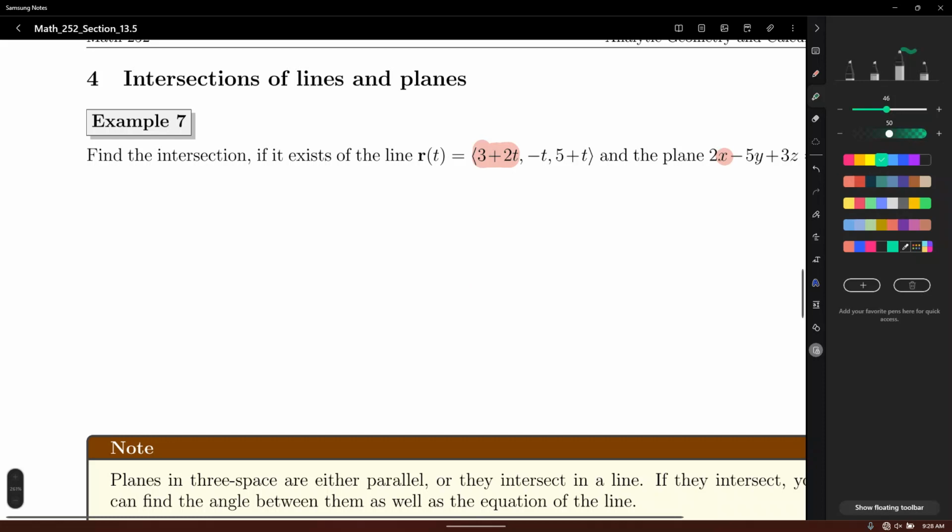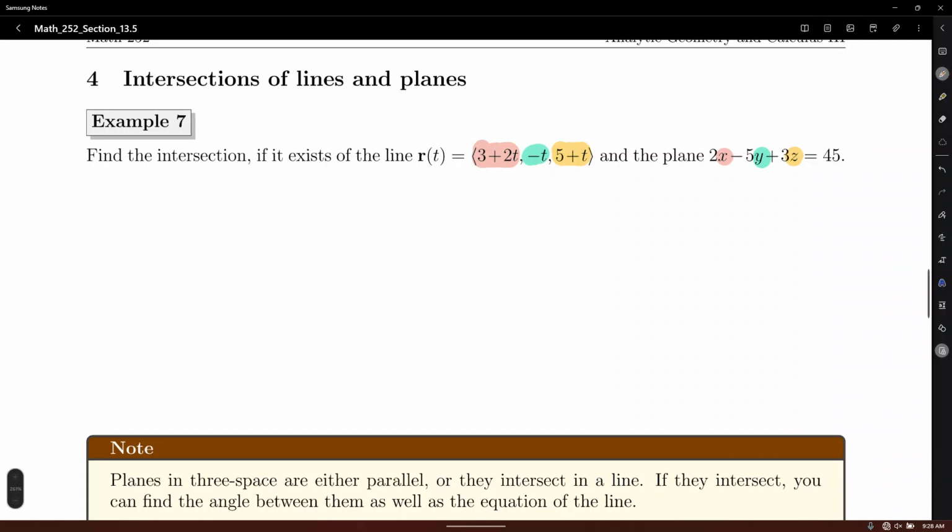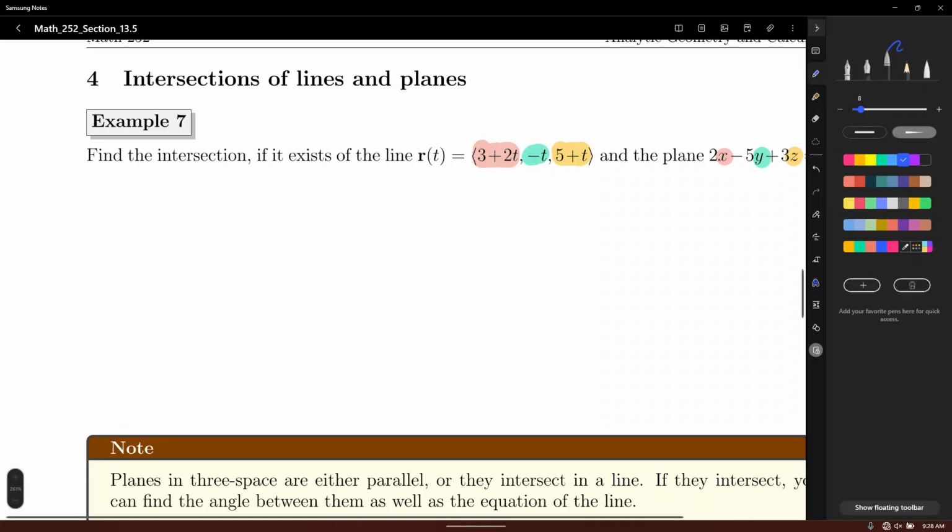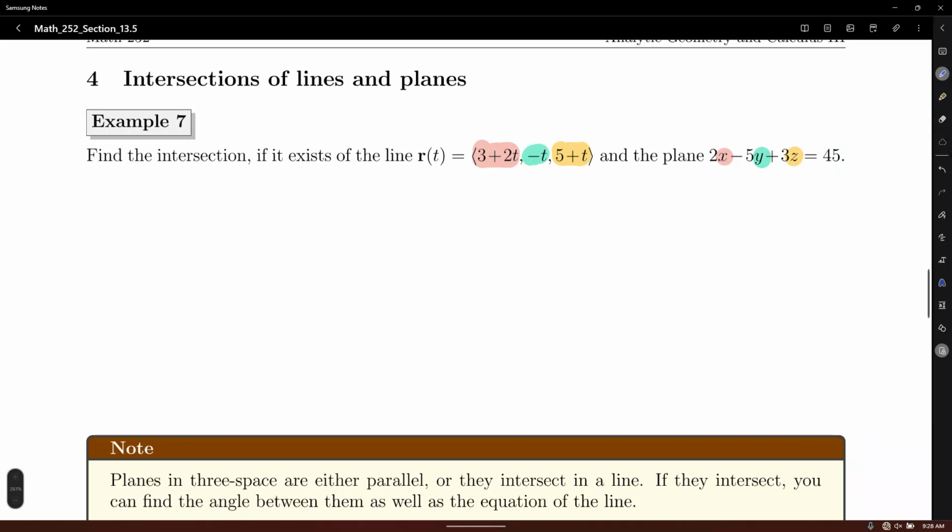Then we will substitute the y component of the vector valued function into the y variable in the equation of the plane. And last but not least, the z component of the vector valued function is going to go in the z variable of the equation of the plane. All right? Very simple substitution. That's going to lead to a very nice and simple linear equation.